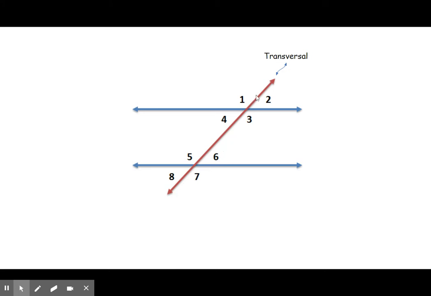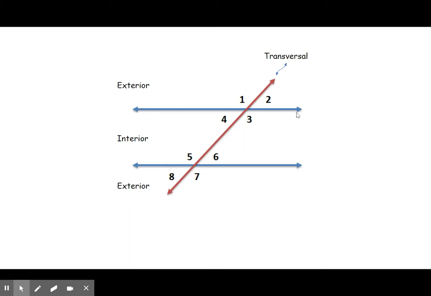If you look, I've got 8 numbers here, right? That's because if I take a transversal and I cut two parallel lines with it, I will create 8 angles. Here's an angle, 2, 3, 4, 5, 6, 7, 8. When we're talking about parallel lines cut by a transversal, we have what we call the exterior, or the outside of my parallel lines, and then we have the interior, or the inside of my parallel lines.